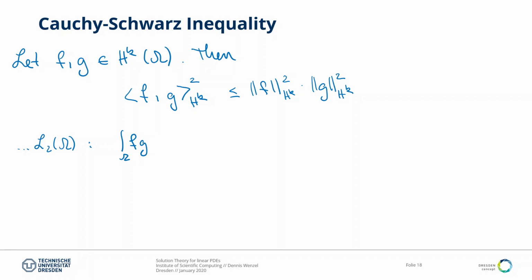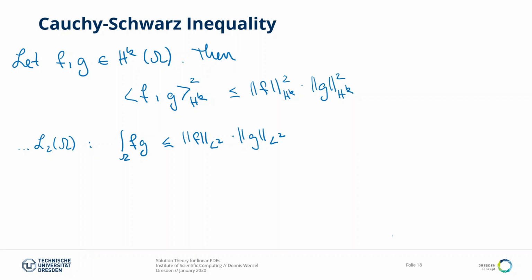So this integral over f times g is less or equal to the L2 norm of f, not squared, just the L2 norm of f, times the L2 norm of g.